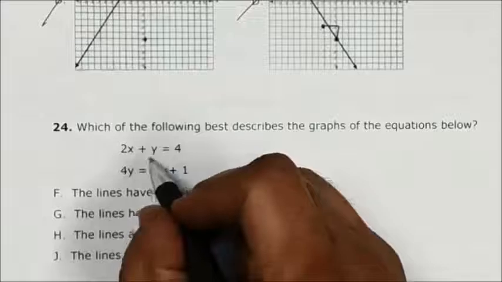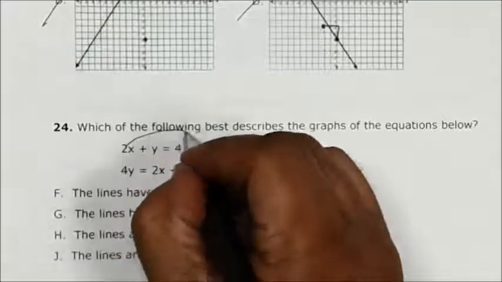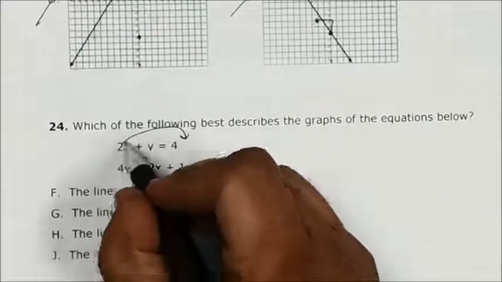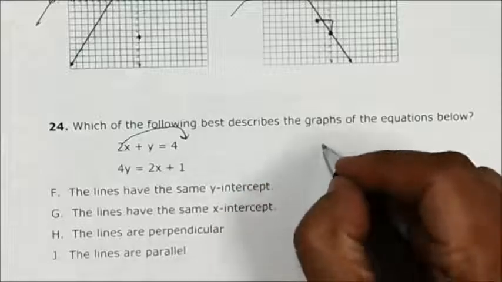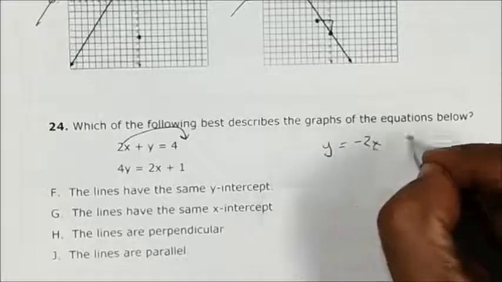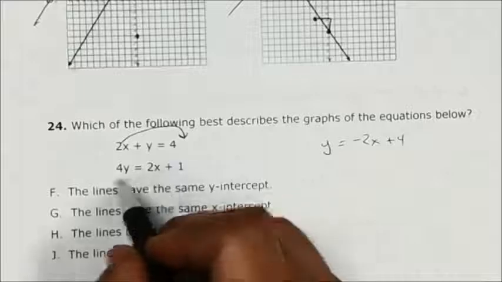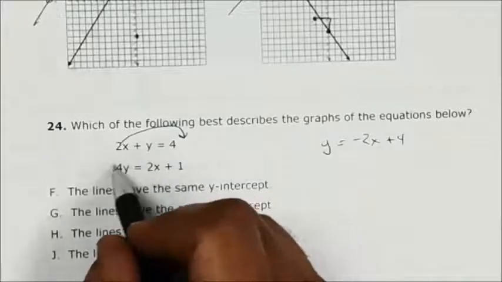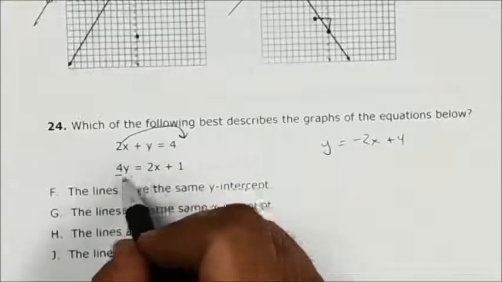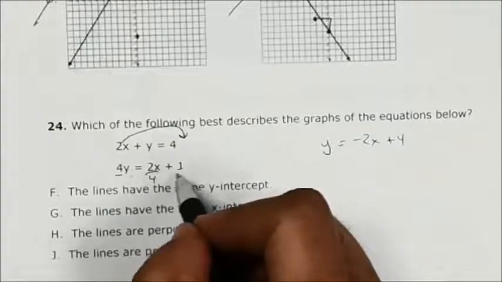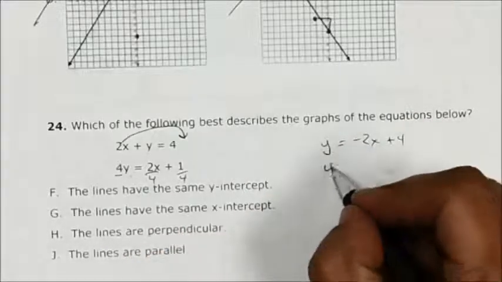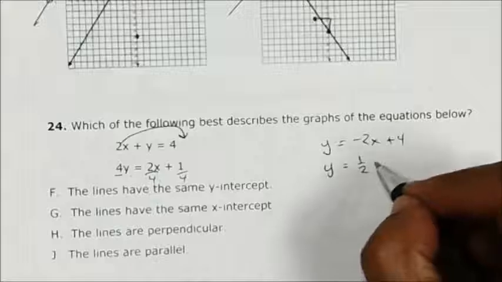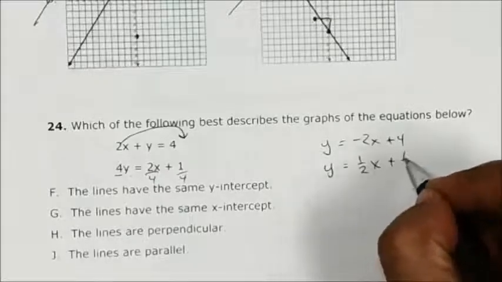If I move this 2x across the equal sign, it's positive here, so it's going to become negative. So I'm looking at y is equal to -2x plus 4. For this one, the y is already by itself, but it has the 4 right here, so I'm going to have to divide everything by 4. Doing that gives me y is equal to 1/2 x plus 1/4.